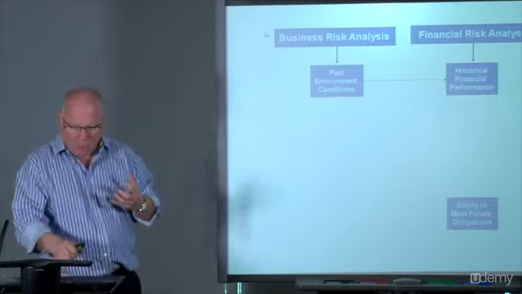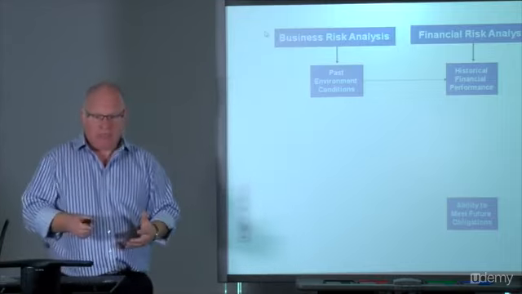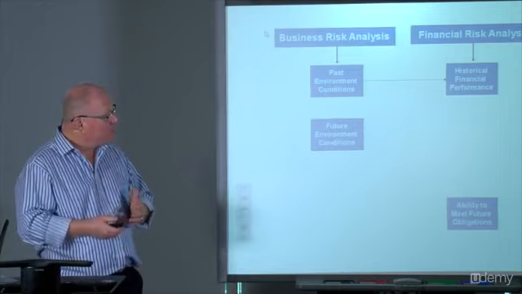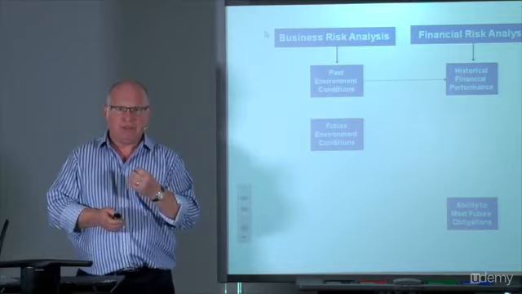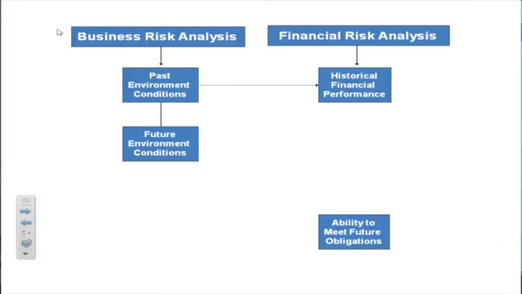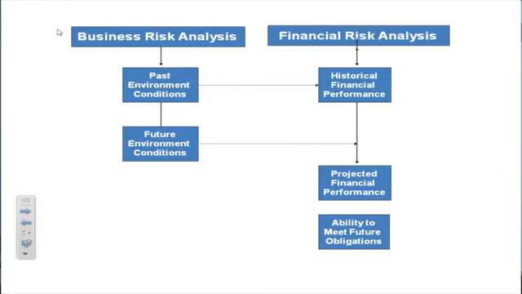Now, we are concerned about the ability to meet future obligations. So what we have to do then is to anticipate how we think that future environment is going to change. Having established a pattern about how the financials of the business react to the environment, and how we think that environment is going to change, what we can then do is anticipate what the future financial performance of the business is going to be.